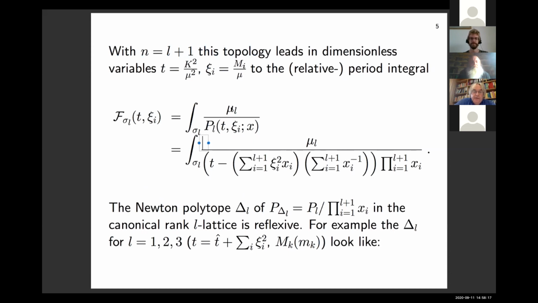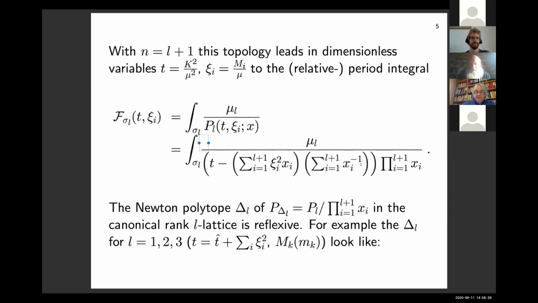It is convenient to introduce dimensionless quantities, so you introduce a scale mu so that t and psi become dimensionless. Then you look carefully at the numerator, and you see there a Laurent polynomial.